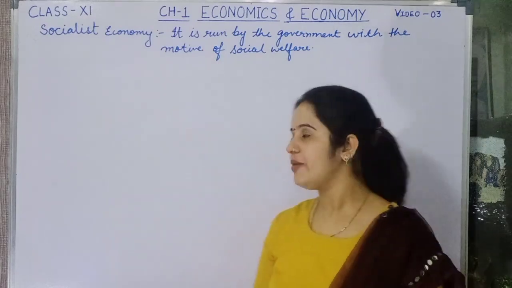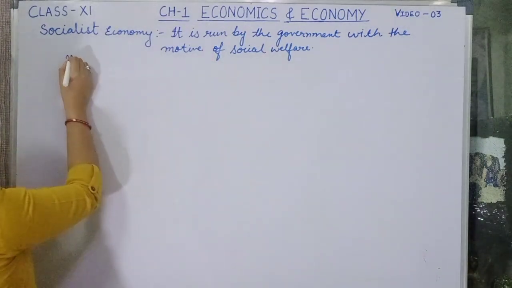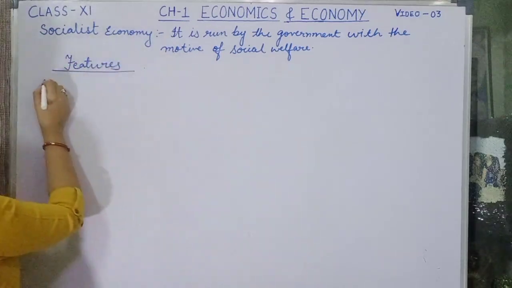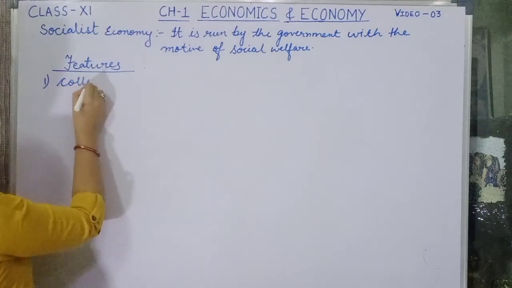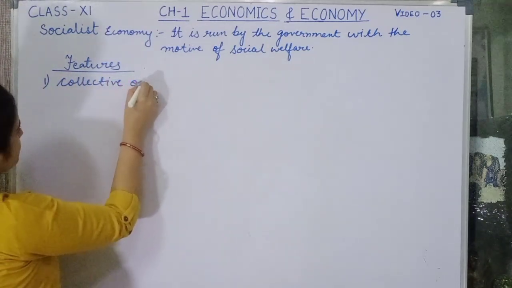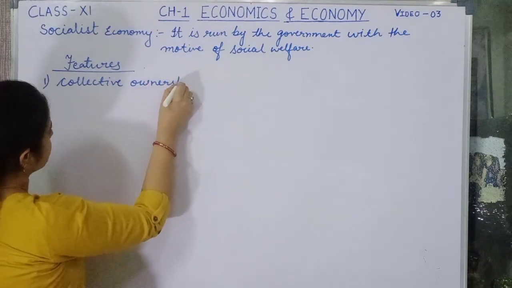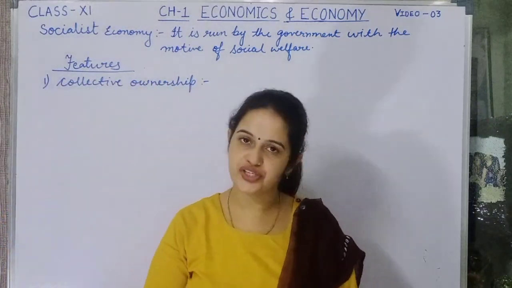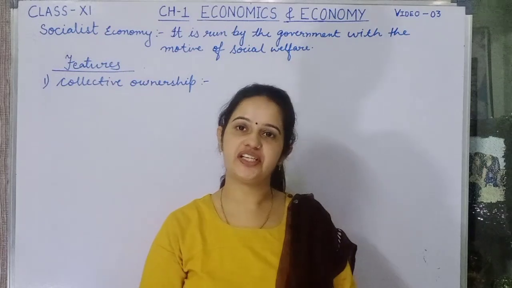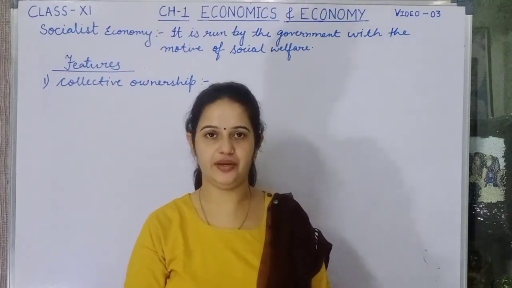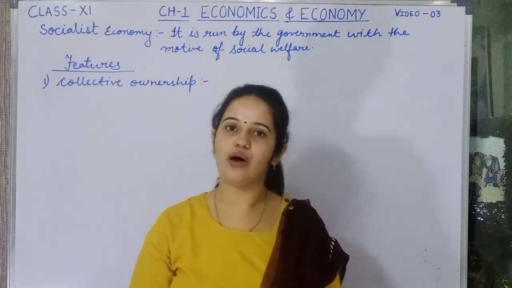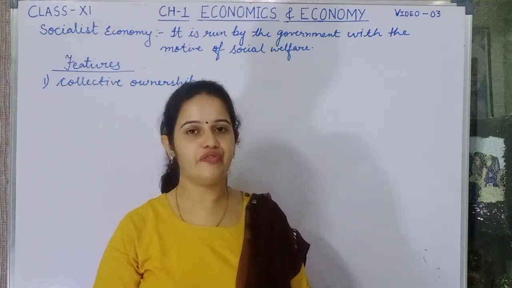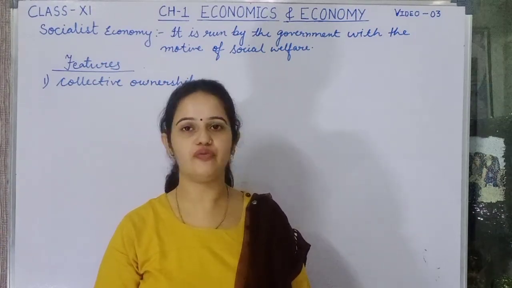So let us talk about the features of socialist economy. The first feature is collective ownership. That means the ownership of production, distribution and exchange lies in the hands of the government only. No individual is allowed to have any private property or accumulate any kind of wealth or run any kind of business.